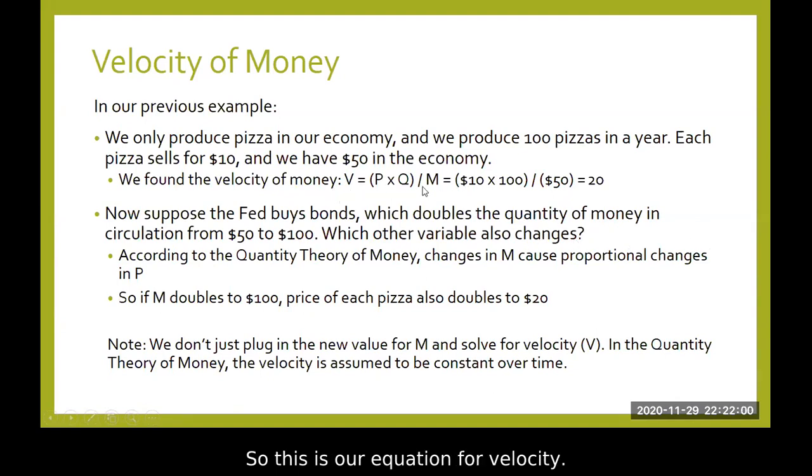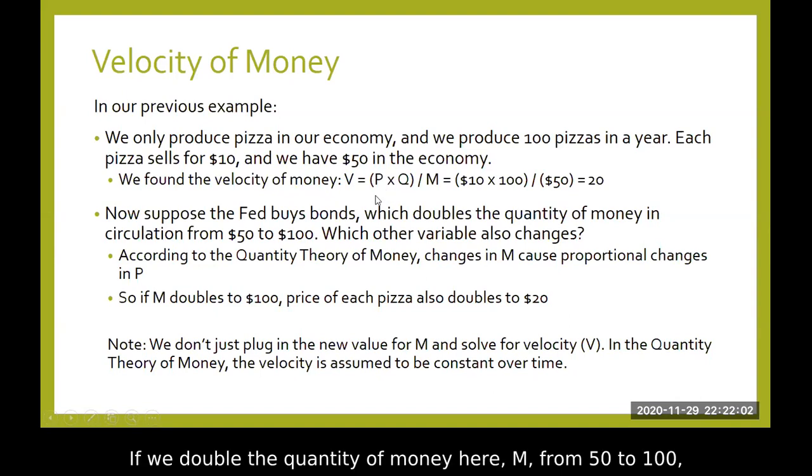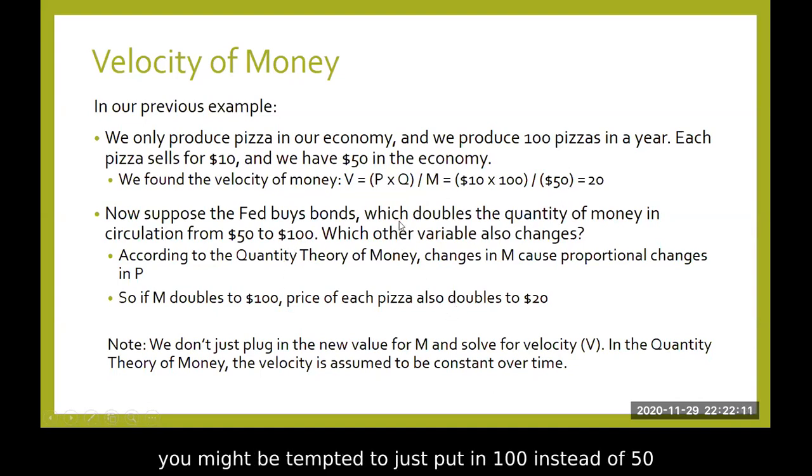This is our equation for velocity. If we double the quantity of money, M, from 50 to 100, you might be tempted to just put in 100 instead of 50 and then solve for the new V. But according to the quantity theory of money, velocity stays constant.